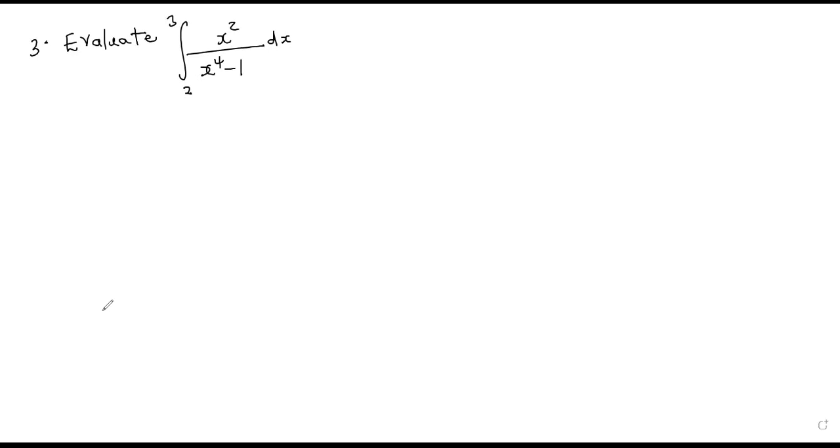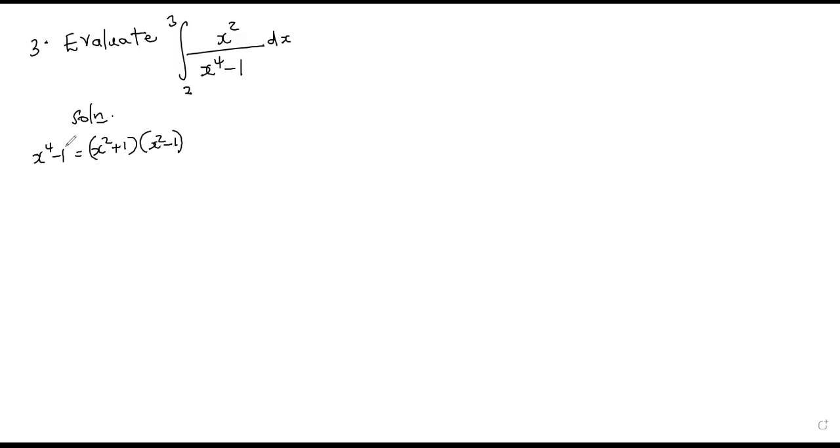So here, you need to really know that the numerator... you need to know that this is the same as, well, if it is x power 4 minus 1, one can write this as x squared plus 1 times x squared minus 1.